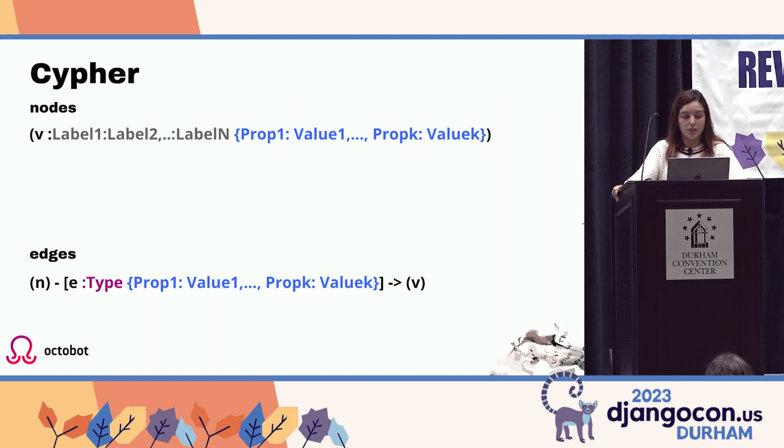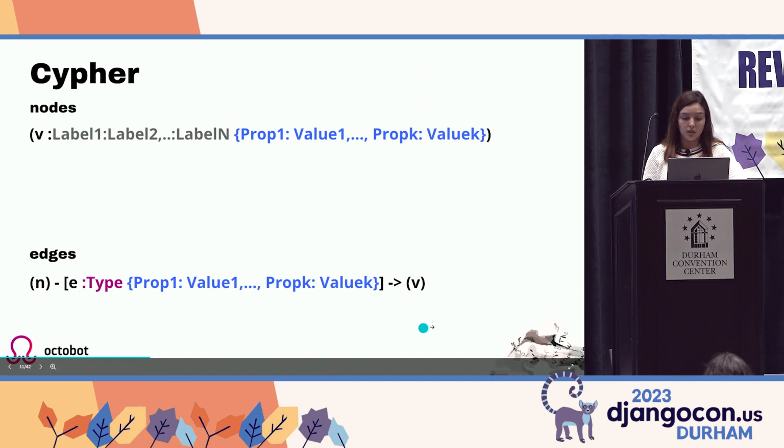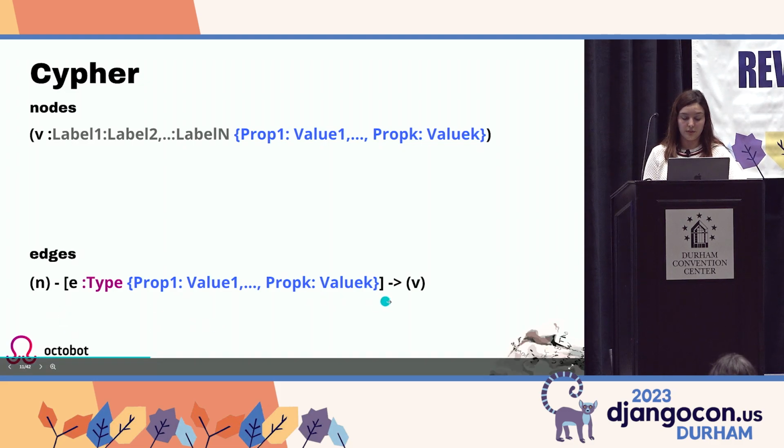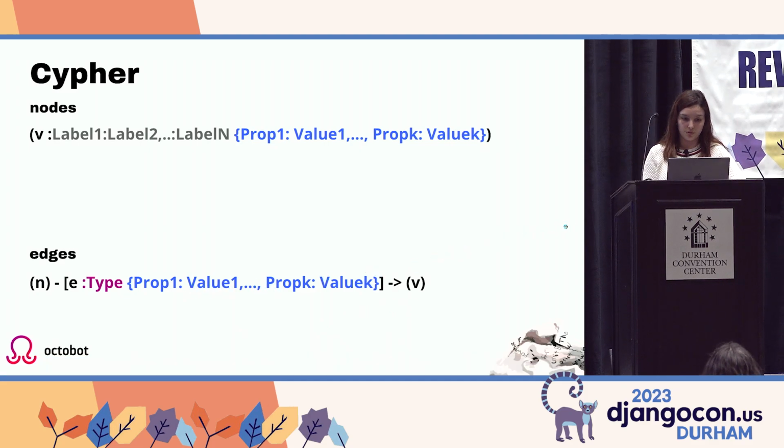And then for edges, the edge has to be between brackets, in this example, and between 2 nodes. For example, here it is between N and B, and we have to, of course, add the direction between these nodes. And optionally, we can add properties to identify this relationship too.